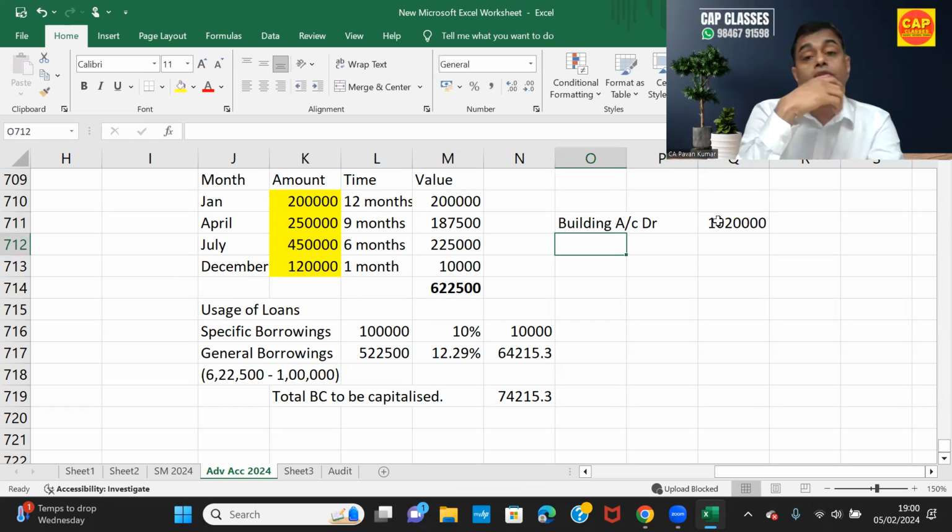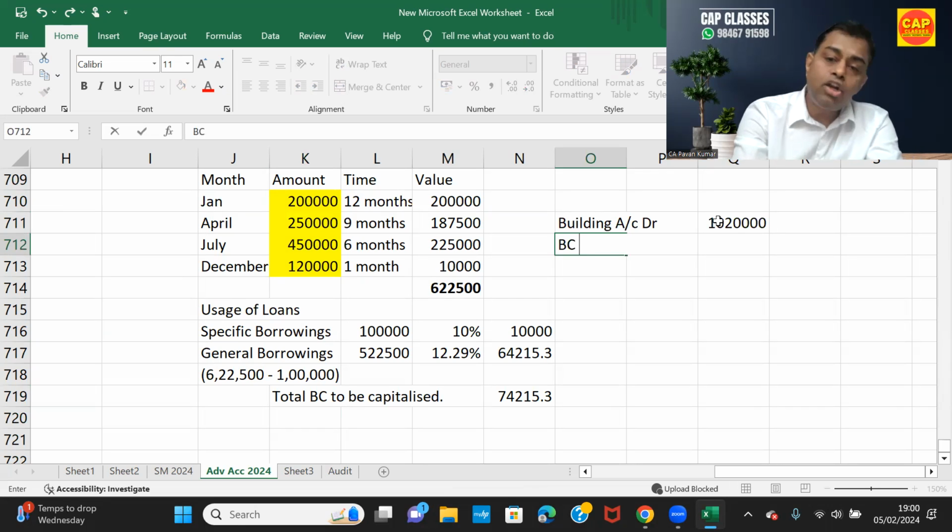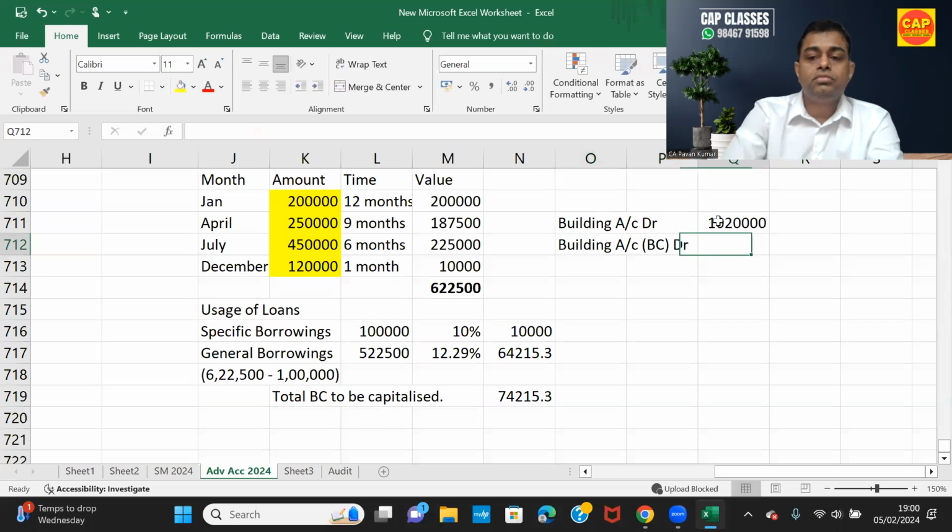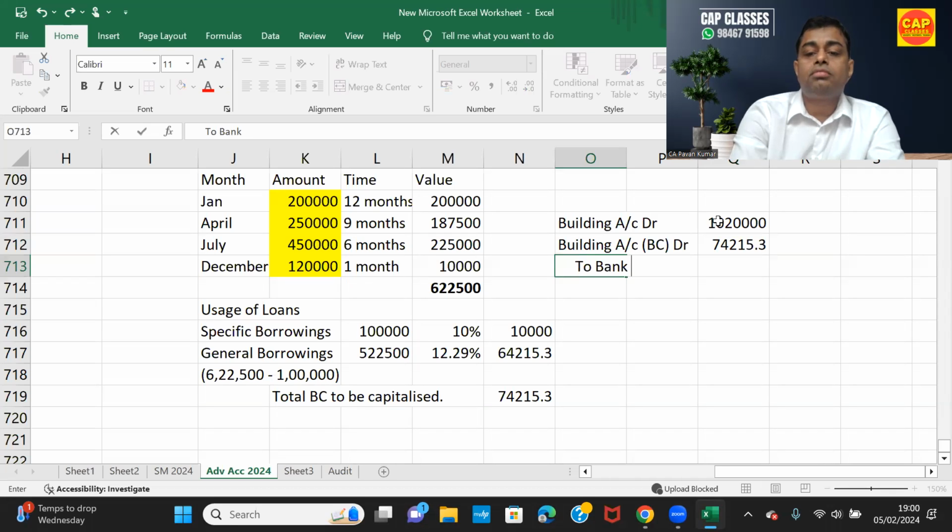Now, borrowing cost also to be capitalized. Borrowing cost, add to building, or you can say building in brackets borrowing cost. How much is it? 74,215, credit to bank account.